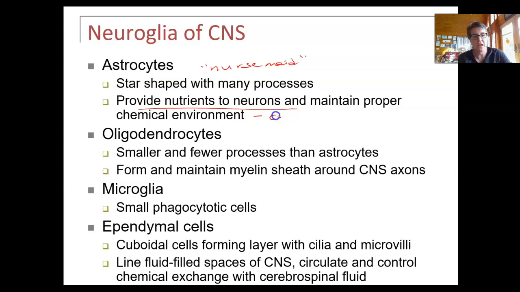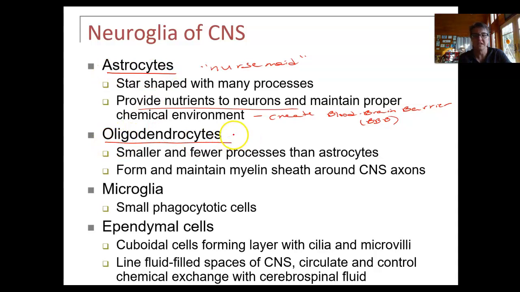Astrocytes also create the blood-brain barrier. And that's going to be important in the chapter on the brain because this blood-brain barrier exists in a majority of the brain area. There's a few places where there isn't one, and it's important to know why there wouldn't be. So those are my astrocytes.